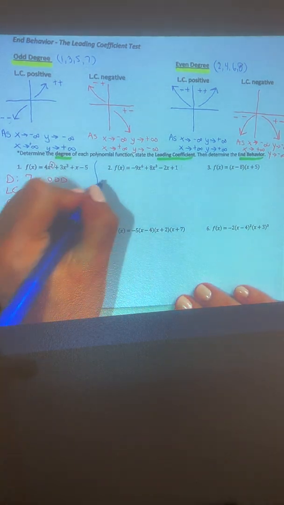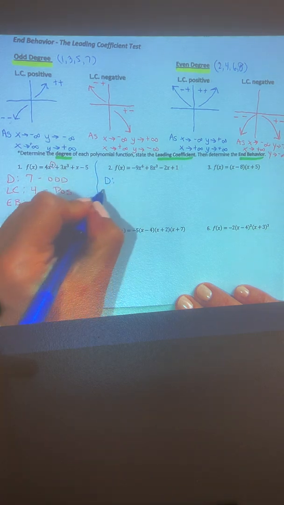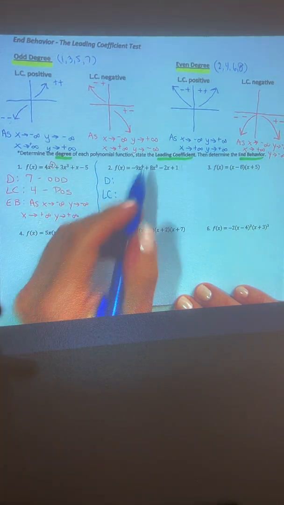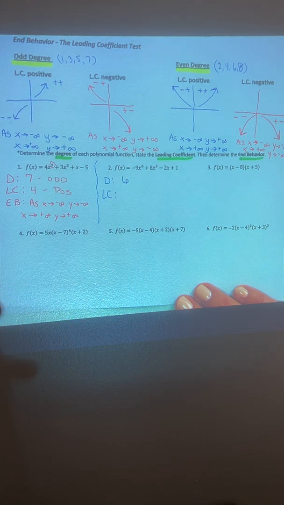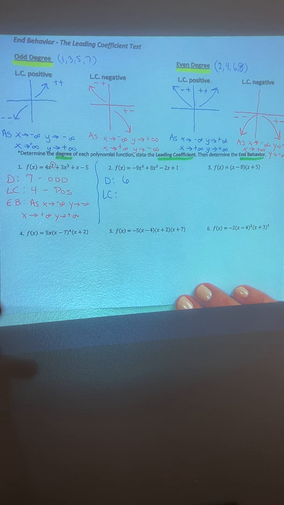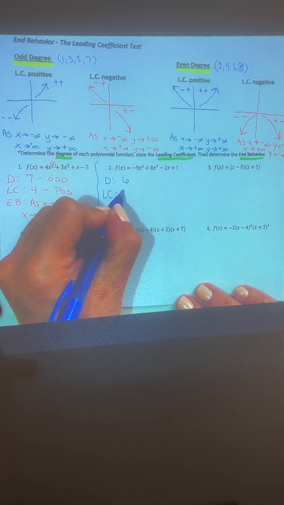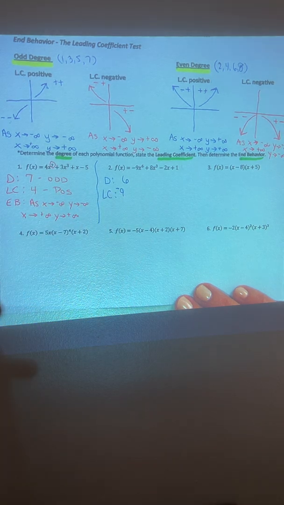All right, so what do we got here? Degree, leading coefficient. Degree is 6, leading coefficient is negative 9.